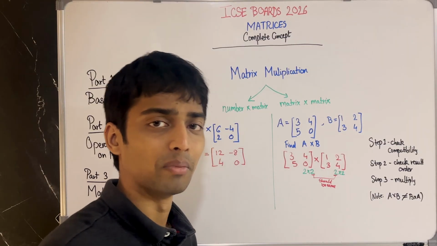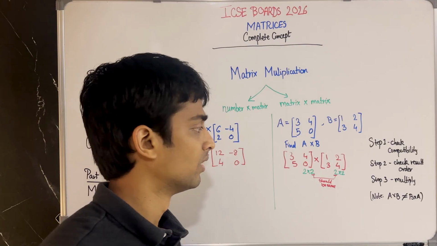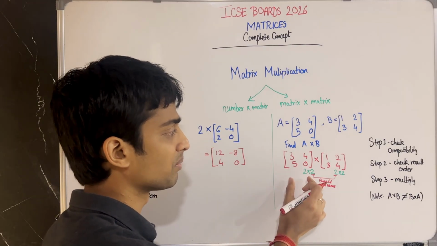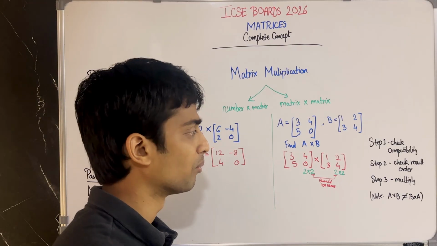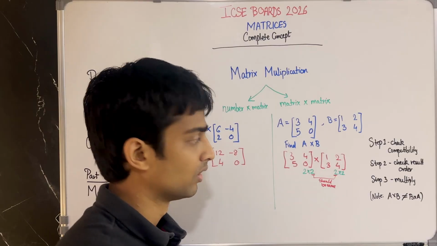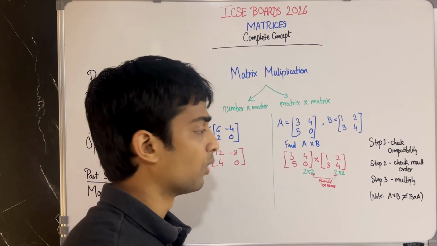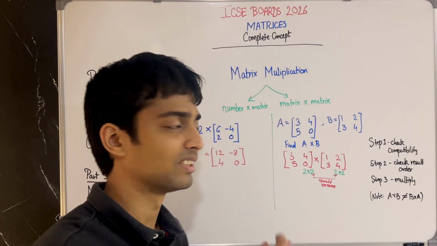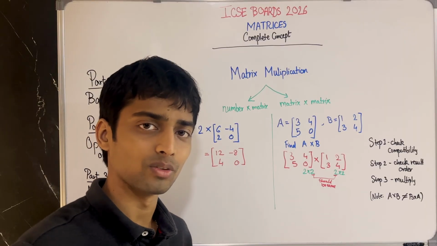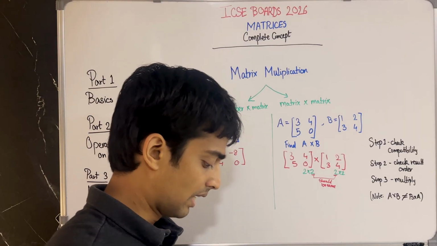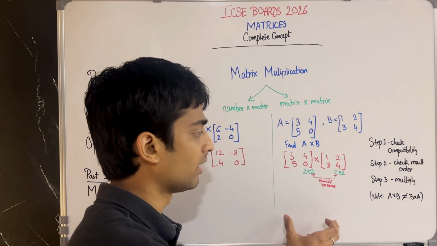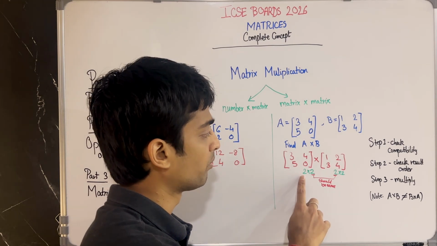Only then multiplication is possible. So the condition is the number of columns of this matrix should be equal to the number of rows of this matrix. So the second number here and the first number over here. Only then you can perform multiplication of these two matrices. Otherwise it's not possible. And the answer which we will get will be of the order of 2 by 2.